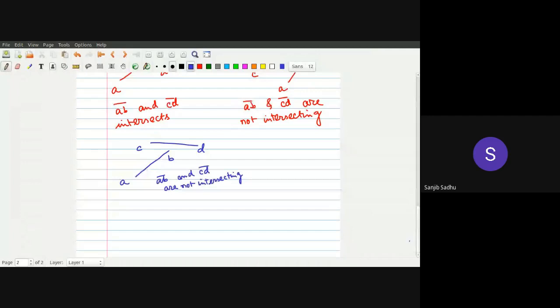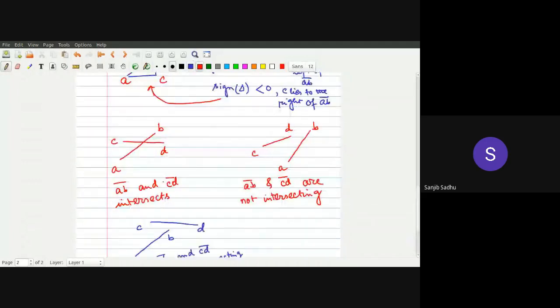I am saying that here they will intersect.